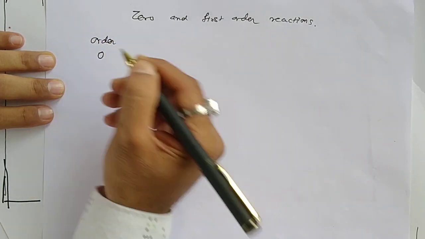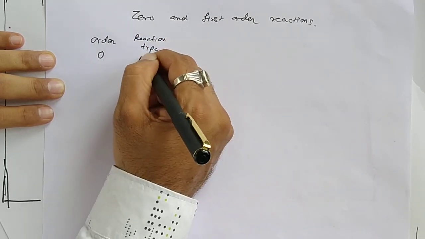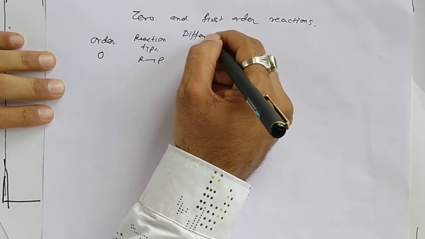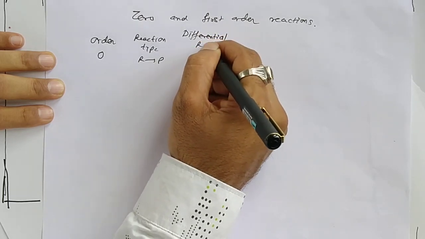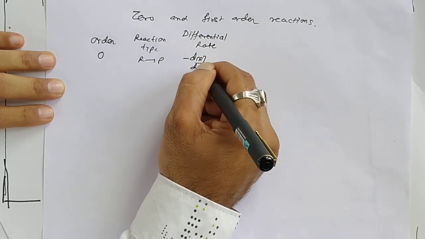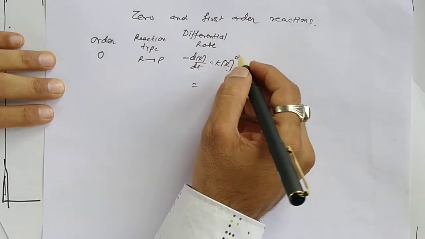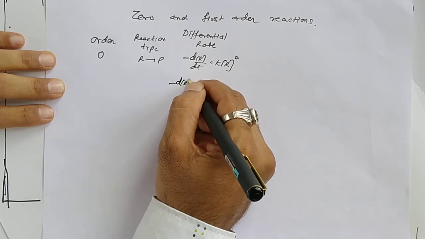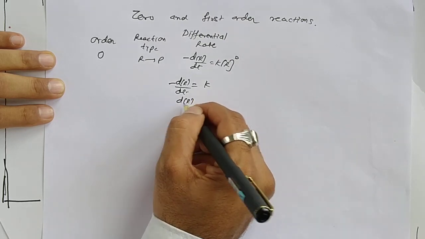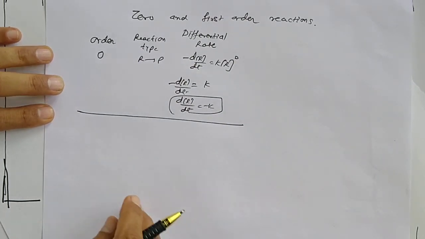Order of reaction is 0 and reaction type is R gives P. So the differential, meaning derivative form: minus dR upon dt is equal to K R raised to 0. Why? Zero order, R raised to 0. Otherwise dR upon dt is equal to minus K. This is for differential rate law.